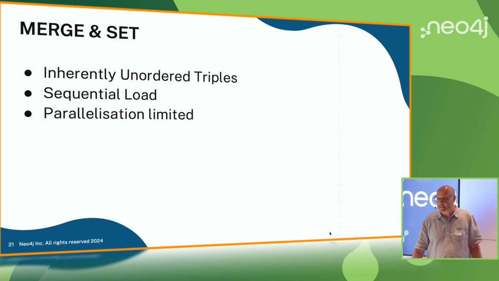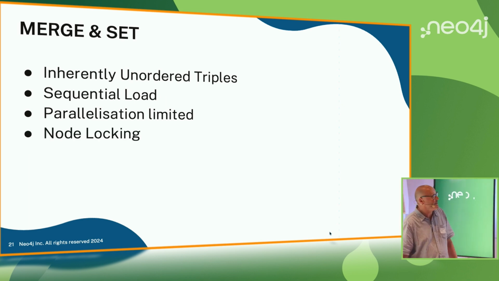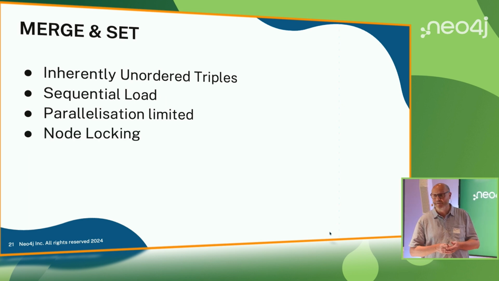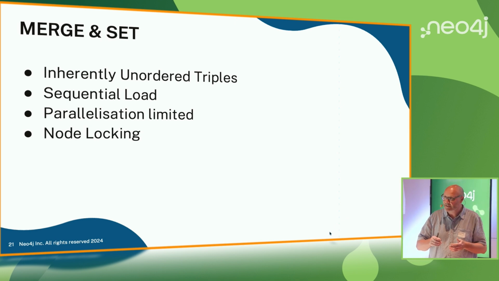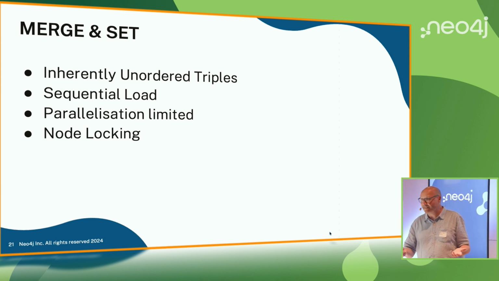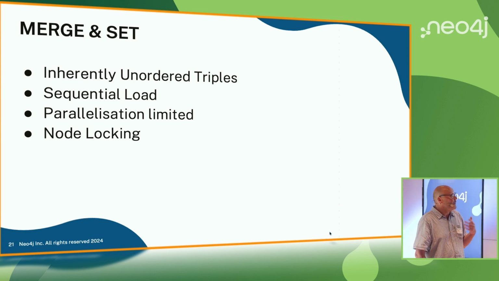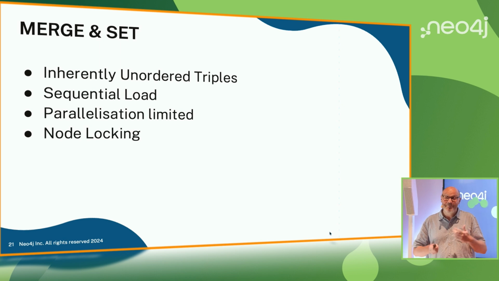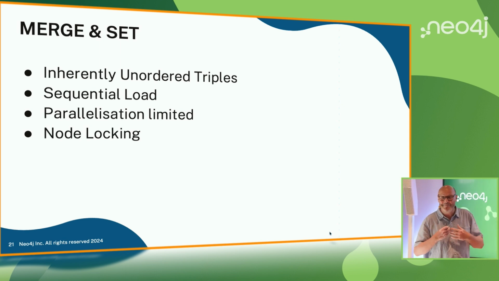It tends to lead to things such as node locking within the database, and that can slow things down even more. So we can't have multiple files updating into Neo4j at once. We can only do one file at a time, and that's obviously a massive problem if you've got 10,000 RDF files to load into Neo4j. Our first estimate for importing this data was more than 100 days, which is obviously not something you want to hear.